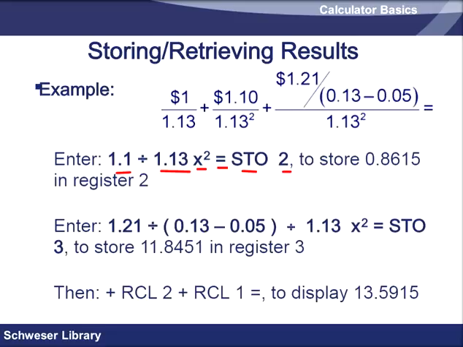For this third term, I use the parentheses because remember I've got this in chain mode. So I take 1.21 and divide that by 0.13 minus 0.05, 13% minus 5%. Then I divide that by 1.13 squared.